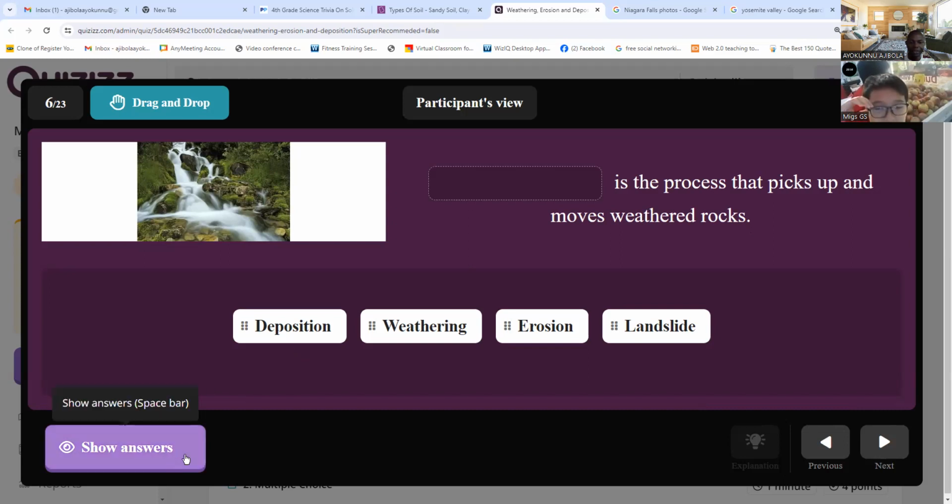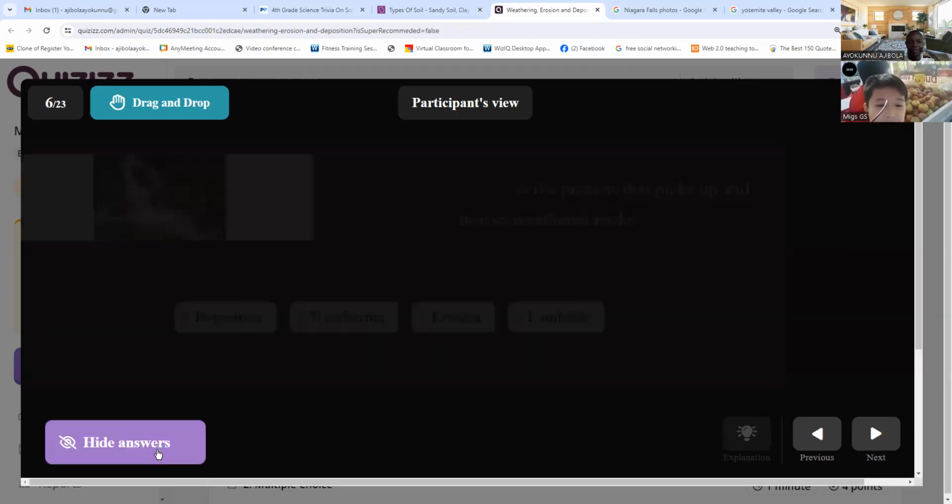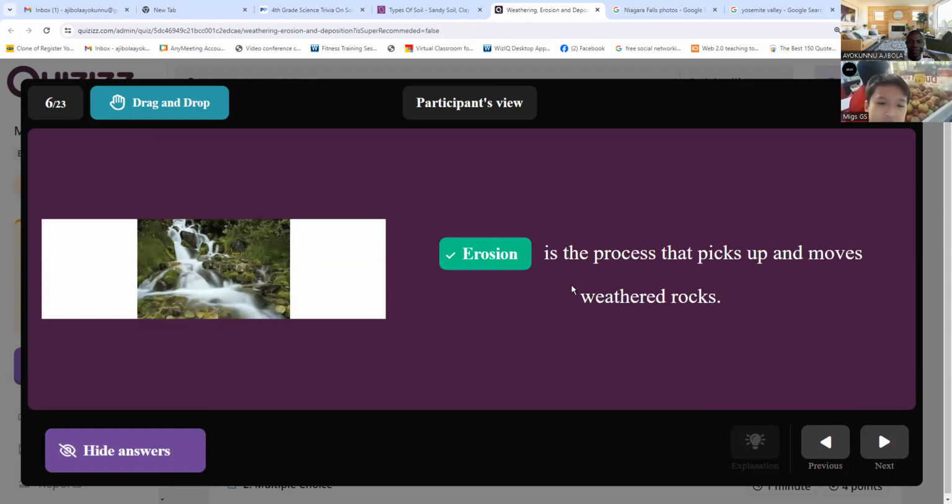Is it weathering? Is it erosion? Is it landslide? It's erosion. Yes, erosion picks up and moves broken down rocks.